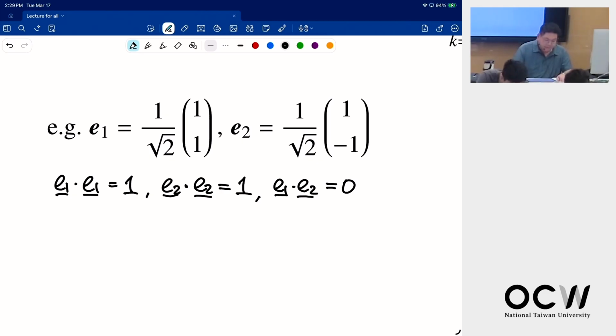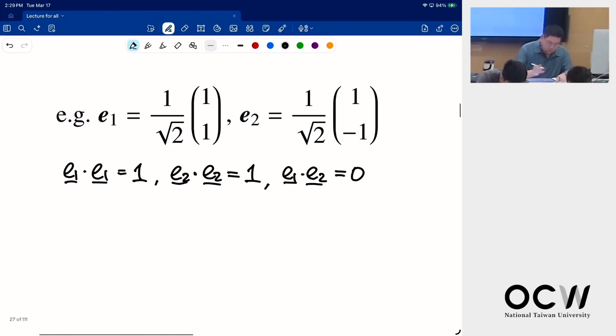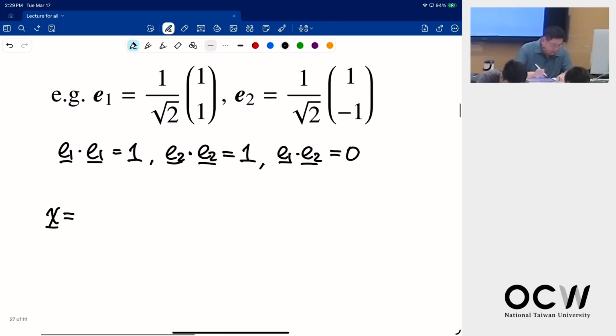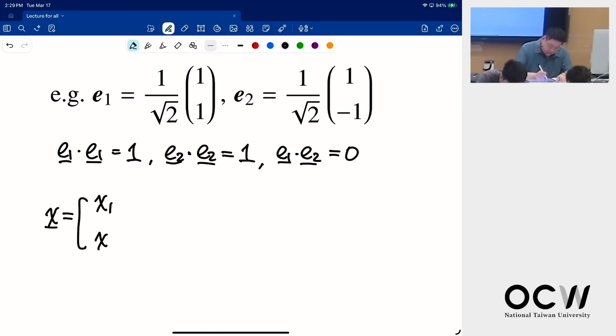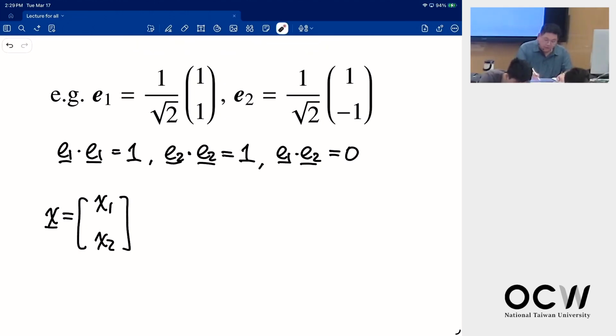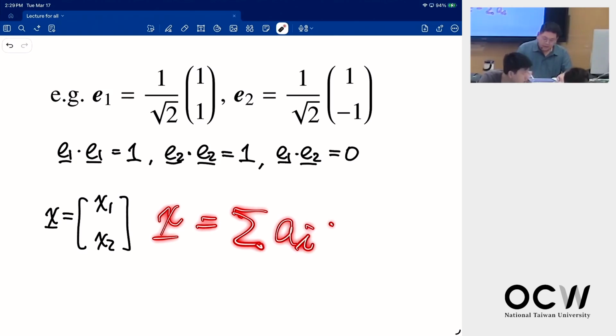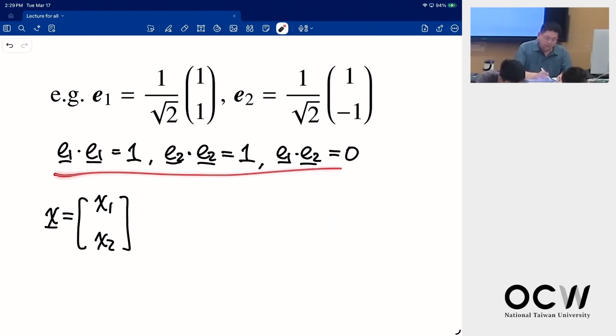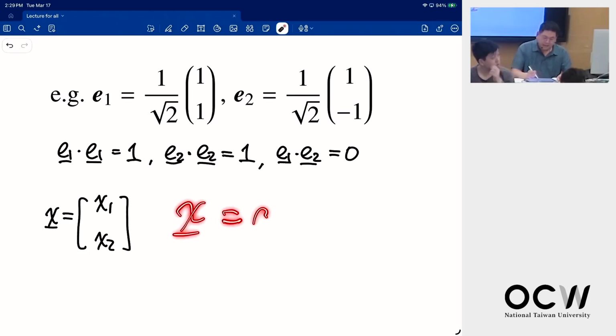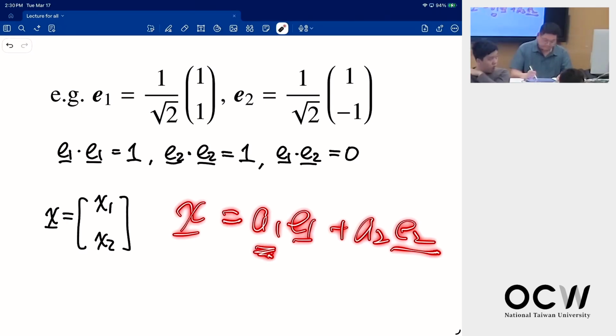Since they are orthonormal, suppose my vector is x1, x2. Then we know x will be the summation of ak ek. I want to find a1 and a2. How do I get a1? We know that x is a1 e1 plus a2 e2. To get a1, x inner product e1.